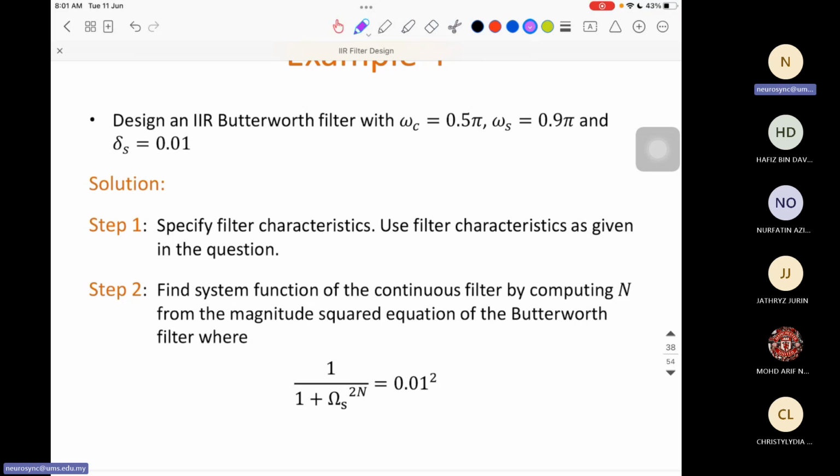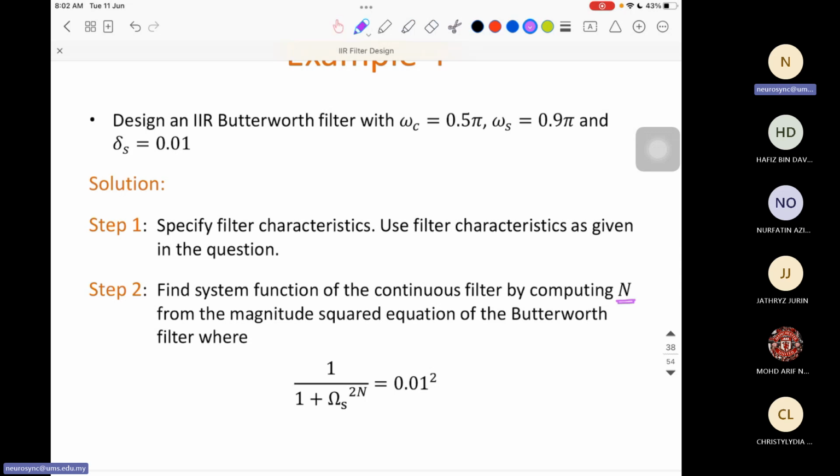Now the second step is to find the system function for the continuous time filter. Here N is not given, therefore we need to compute the value of capital N, that is the filter order. We can compute it using the magnitude square spectrum.